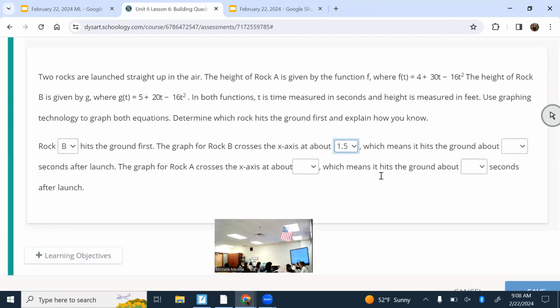Use your best estimate, which means that it hits the ground about blank seconds after launch. Which one? 1.5 seconds after launch. The graph for rock A crosses the x-axis at where? Which means it hits the ground about 2 seconds after launch.